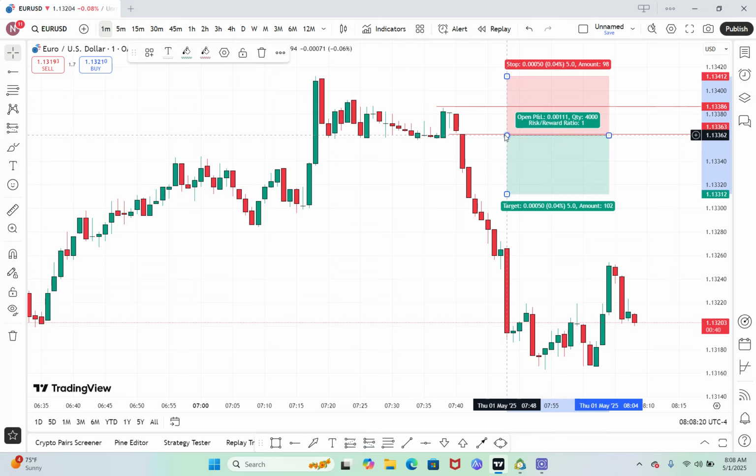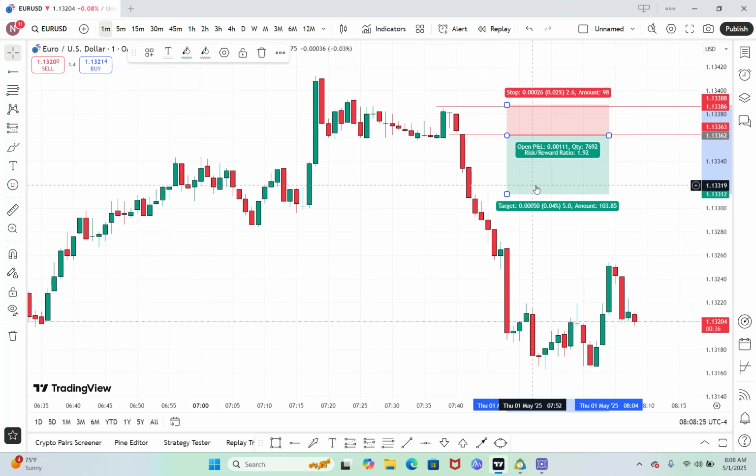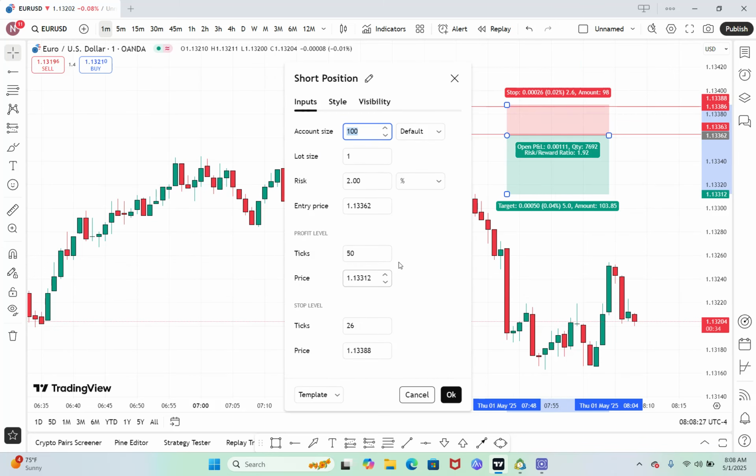Most traders use TradingView. All I have to do is put a chart tool, click on it, voila. TradingView calculates everything for you. Stop loss 26 pips. So for this trade, I'll be risking 26 pips.